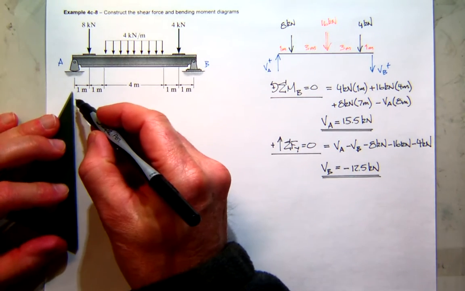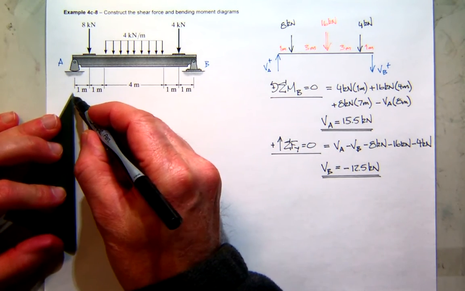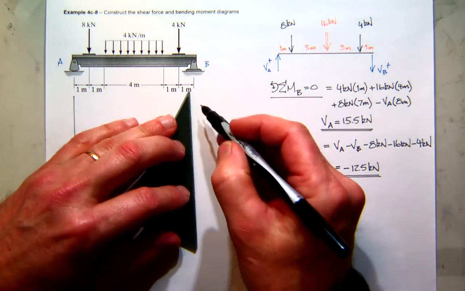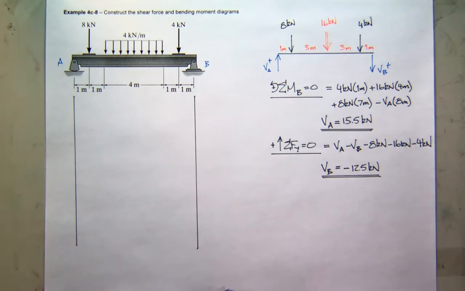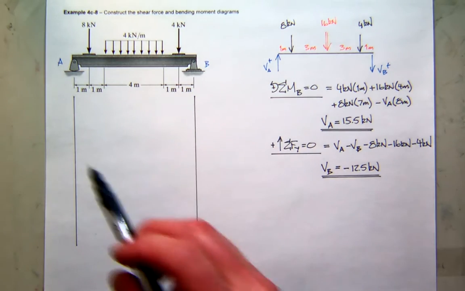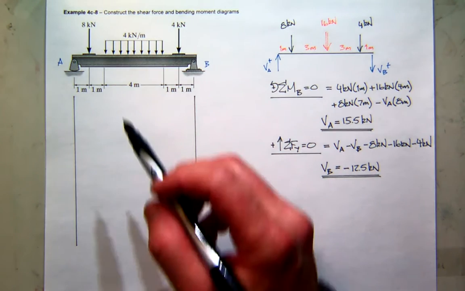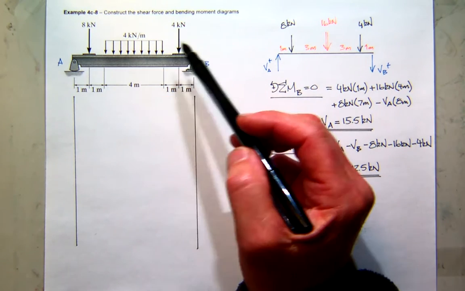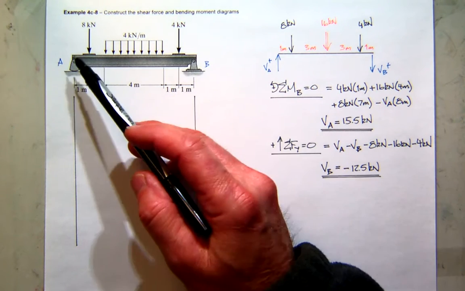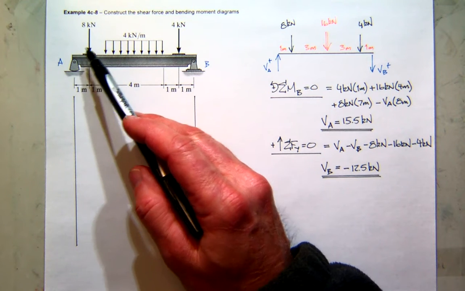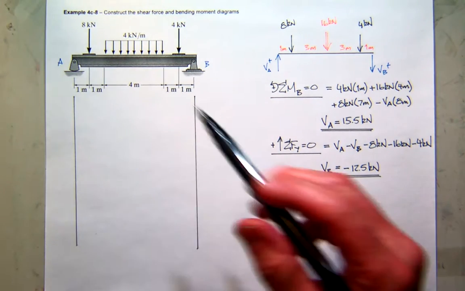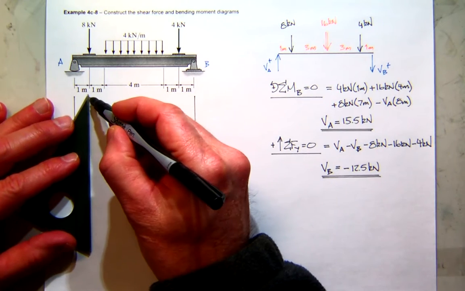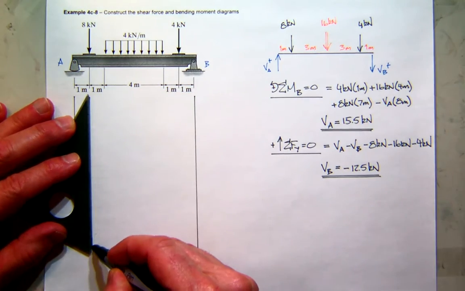All right, so we got our shears. Let's go and build this diagram. So I'm going to start with where I'm going to begin and where I'm going to end. Are there some other points that might be important along the way? Well, every time you see a point load, you know that's a pretty important point, because as we go from left to right and go past that, we know our shear diagram is going to jump. So let's add those to our template.